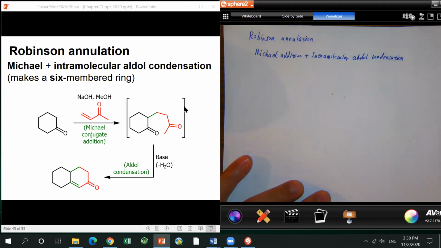Eventually you build up a six-membered ring. If the product shows a six-membered ring, that pretty much means you generated the right compound.